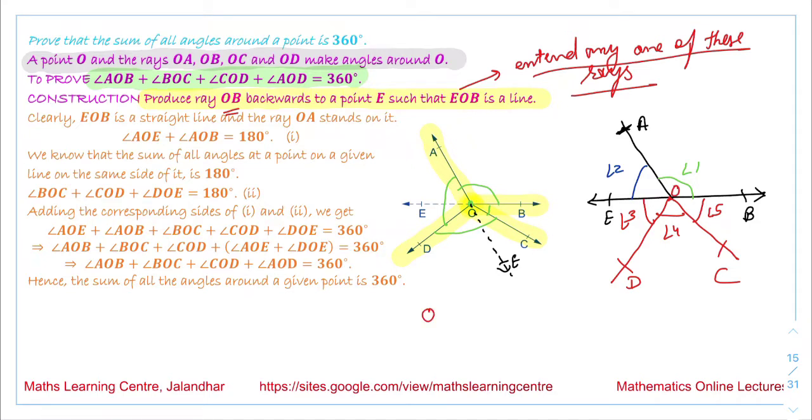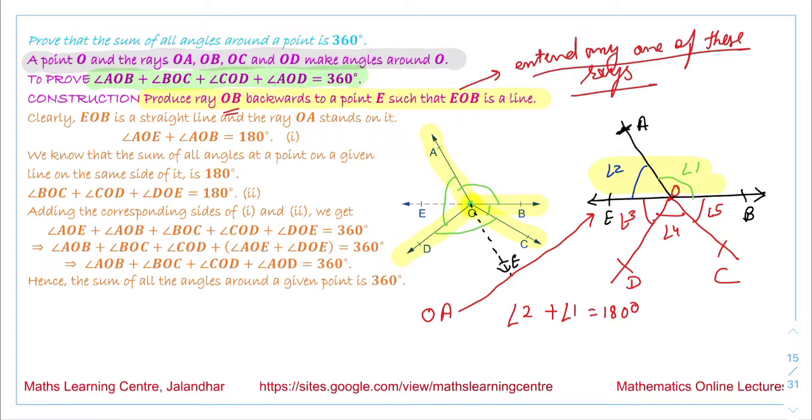Now we are saying OA lies on the line EB. EB is a straight line and OA lies on this line. It means angle 2 plus angle 1 is equal to 180 degree. The sum of these two angles will be 180 degree because they lie on a line.